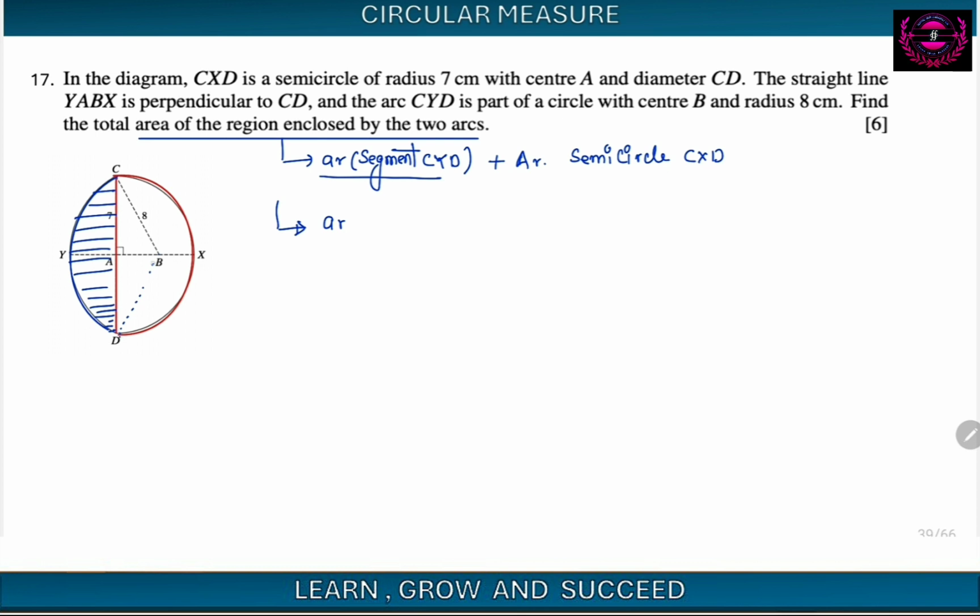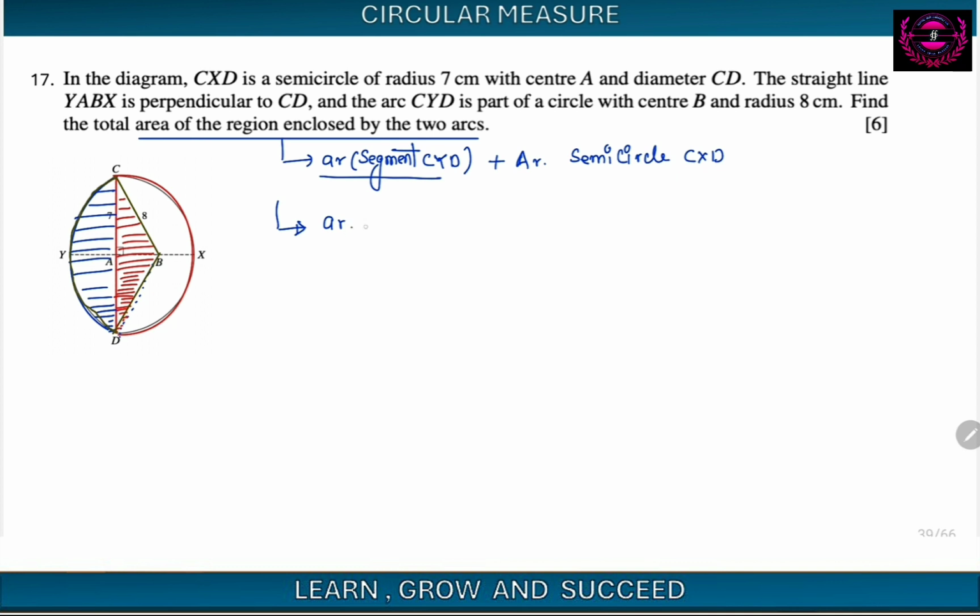Let me connect this. I have shaded the area of the triangle. So the area of sector CBD minus the area of triangle CBD.